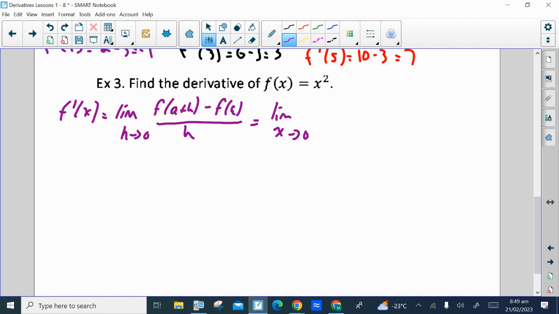Okay, but the first part will be f at a plus h, or a plus x, which means that the x in the equation is replaced with a plus x, minus f at a. I'm sorry, f at a. It's just the h's that are replaced with x.